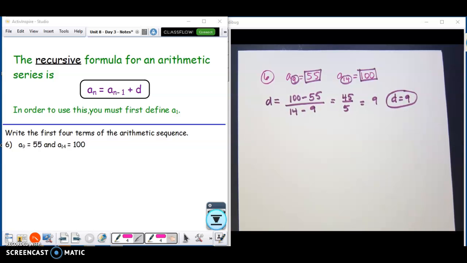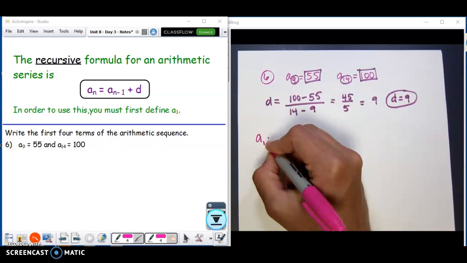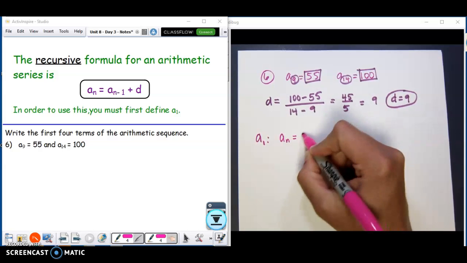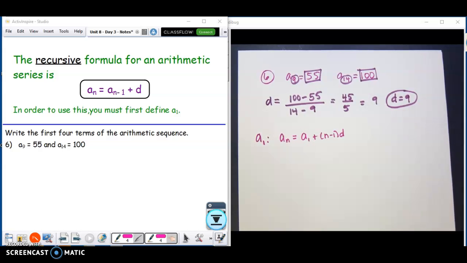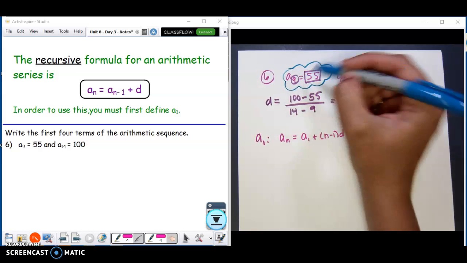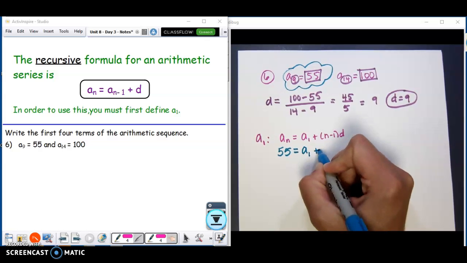Alright, we are going to need the first term here, so we can find the first term just like we found it in the previous problem. So we're going to need to use that explicit formula to find the first term. I always use the first one here. So a sub 9 is 55. We're trying to find a sub 1.